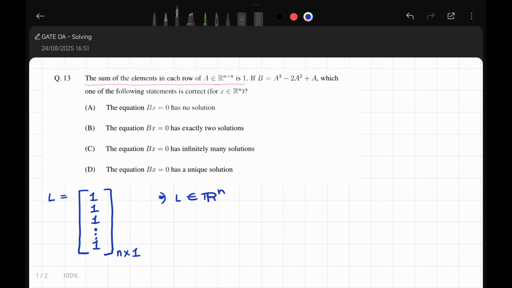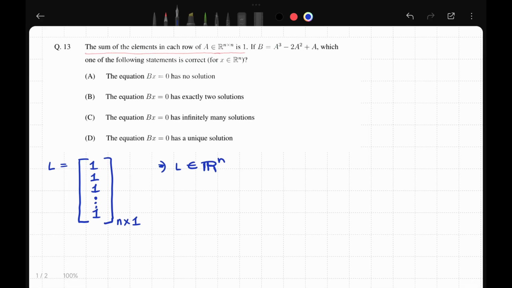Now this L I have considered, and now what I will do is go to the given expression for B, right?